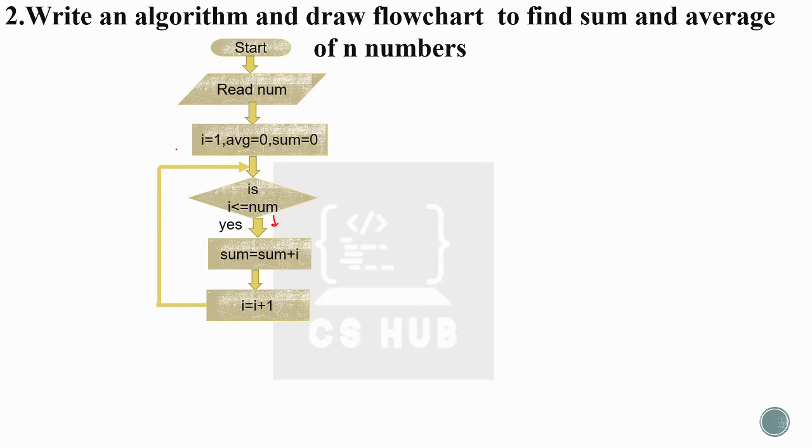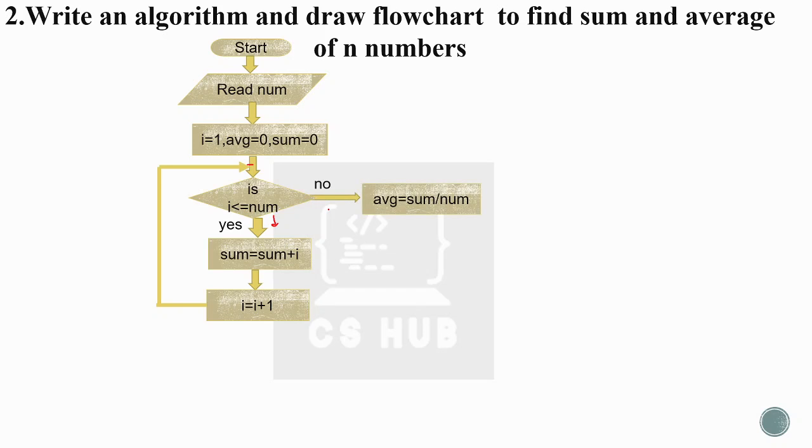So I is incremented, then after incrementing I, our flow of data flows to this. So again we check whether the value of I is less than or equal to num. Then when this condition is violated, we get a no, right? No, which means I is greater than num.